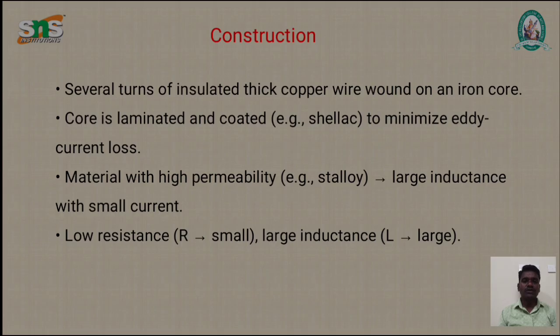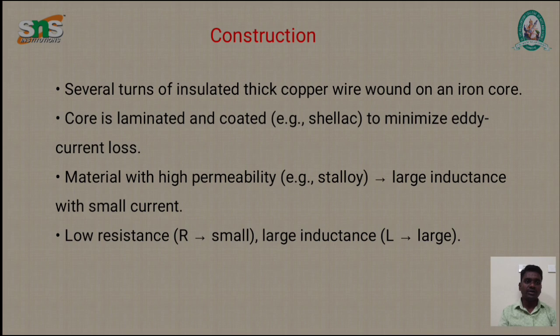The construction of the choke coil is several turns of insulated thick copper wire wound on an iron core. The iron core is at the midpoint, and around it several turns of copper wire are wound. The core is laminated and coated, for example with shellac, to minimize eddy current losses.